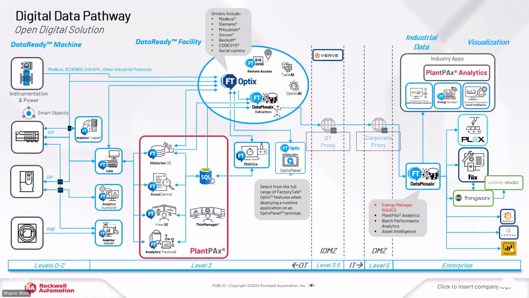So that could be Modbus or 61850 that's not connected directly to a controller. We can pull that into Optix, and Optix takes many forms and shapes. It could be a computer, it could be a panel, it could be a module in the controller, but it can operate independently from your overall PlantPAx system, which is what this diagram is showing.